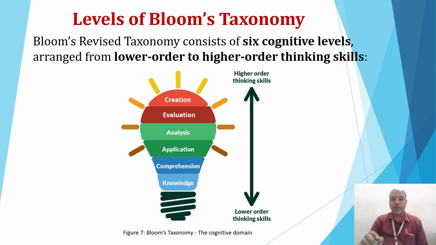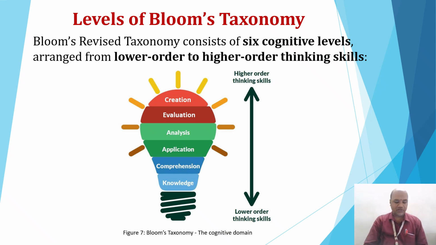Next, level 2, understand, that means conceptual clarity. The purpose is to explain the ideas or concepts in one's own words. The keyword action verbs are explain, describe, summarize, classify, and interpret.